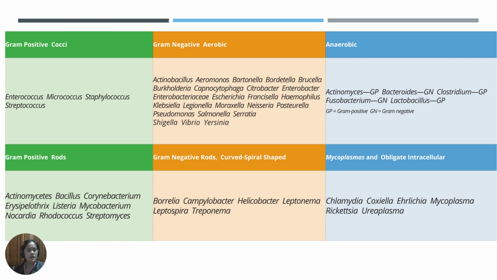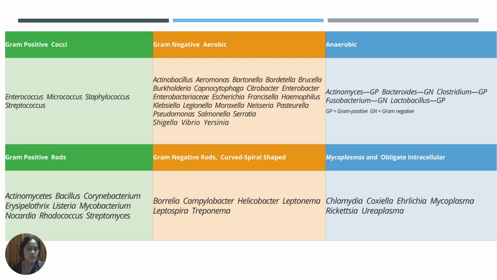Ayan, so makikita rin natin dito yung example ng mga gram-positive cocci, gram-negative aerobic, and anaerobic. So under gram-positive cocci is the Enterococcus, Micrococcus, Staphylococcus, Streptococcus. Sa gram-negative aerobic is the Actinobacillus, Aeromonas, Bartonella, Bordetella, Brucella, Brocalia, ayan, and the like.